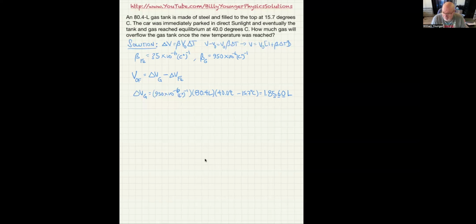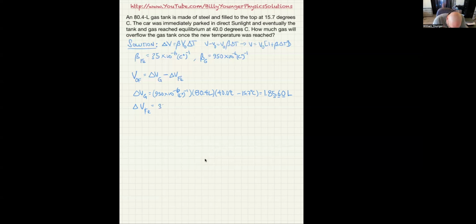Now we want to find out how much the actual tank is going to expand, because that will accommodate some of this leakage and prevent it from being leakage for that matter. So the delta V for the iron, again, we're imagining the inner part of the tank as if it's made of steel, and then we're calculating what that steel would behave like, and that turns out to be exactly what the inside of the tank behaves like.